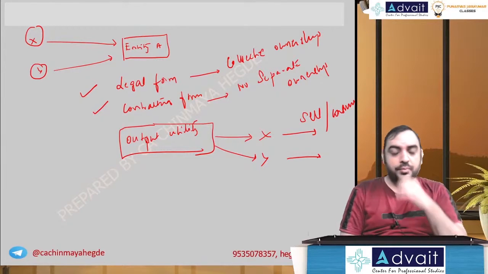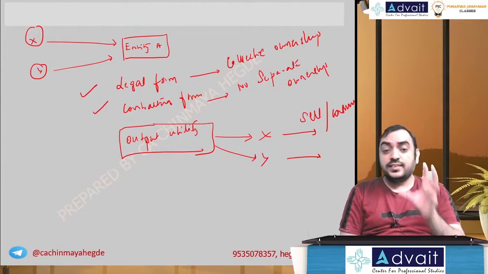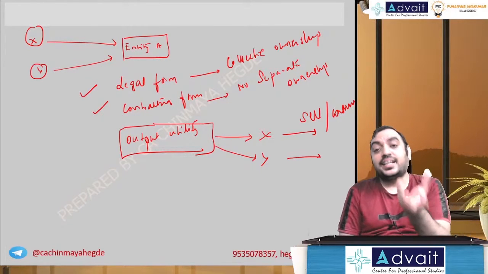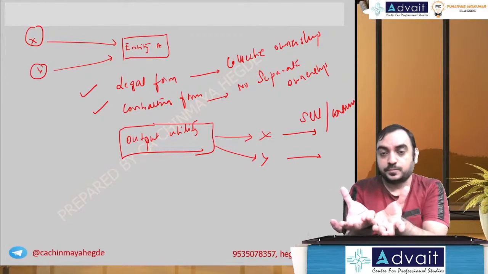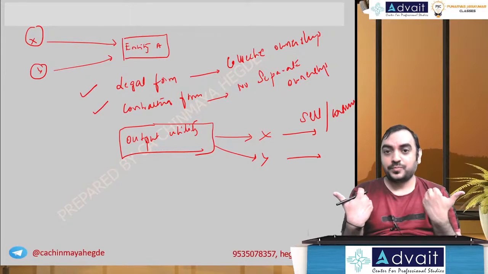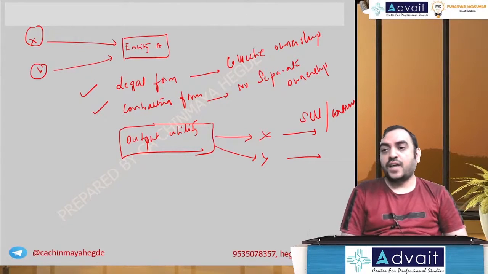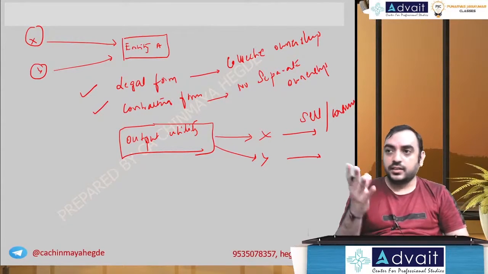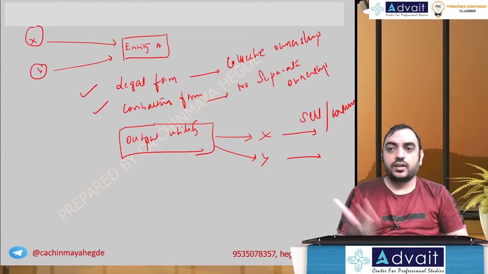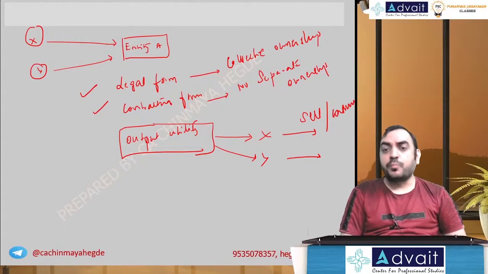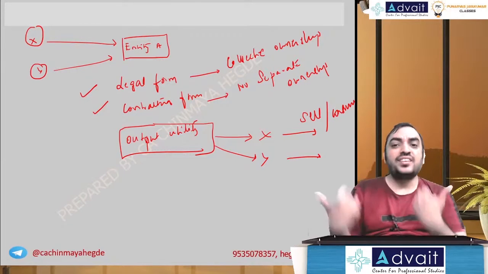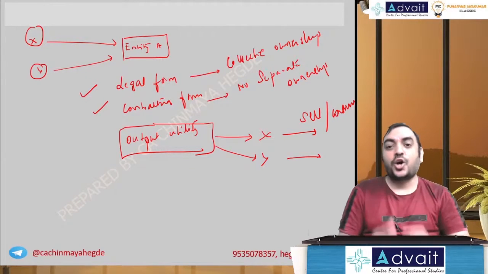Which means this is more than an entity, it's an asset. If you have machinery, both of you share it. Like telecommunication equipment, telephone towers, you share the cost of the asset.